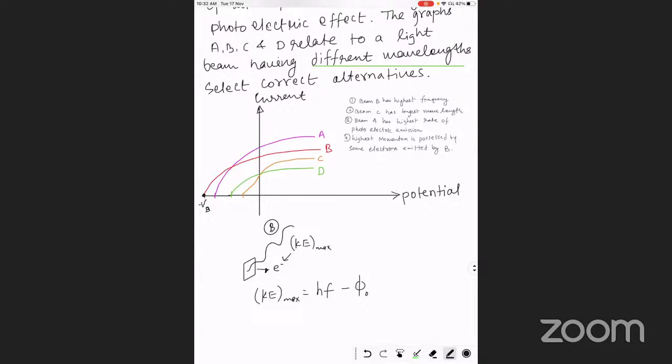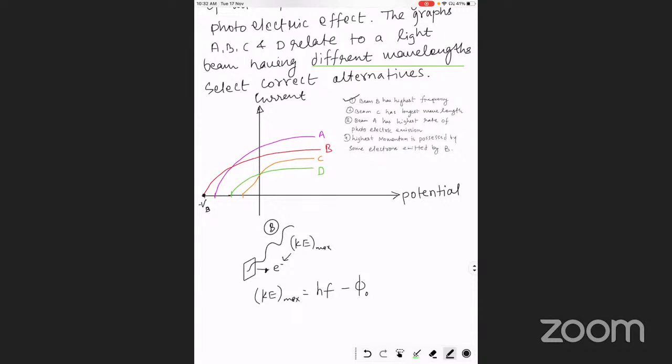The stopping potential is maximum. Means the kinetic energy of electrons coming out due to beam B is highest, because beam B has maximum frequency. So the first is correct, 100% correct. No one said anything about it. Beam B has highest frequency, means beam B has highest energy.